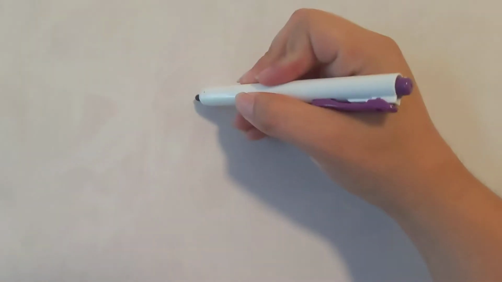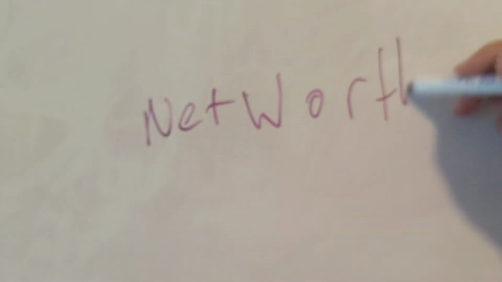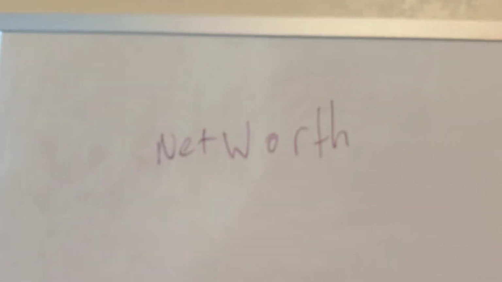And I've already got a marker in my hand. Boom. All right. So determining our net worth. The camera is stupid, shaky, and blurry. Net work, wrong word. All right. So determining our net worth, essentially, there are only two things you need to know.